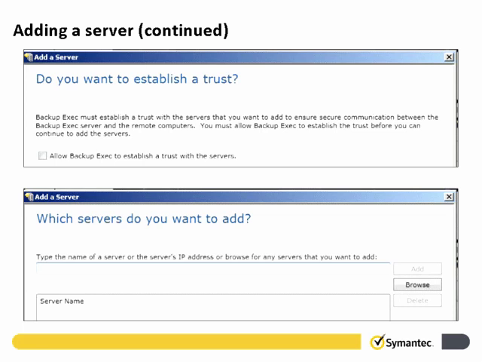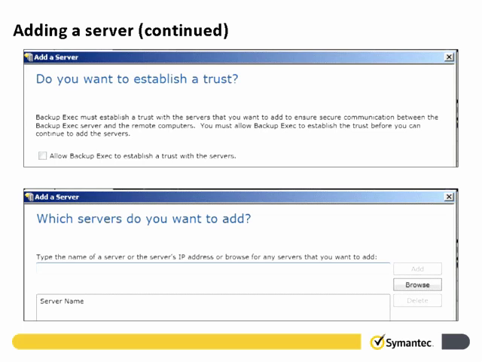So this trust is a trust relationship between the Backup Exec server and the remote machine being backed up. If you do not tick the checkbox that says allow Backup Exec to establish the trust, you cannot install the agent. You must have that trust relationship in order to have an agent, and you can't back up the machine without an agent. So the trust relationship is strictly a Backup Exec thing.